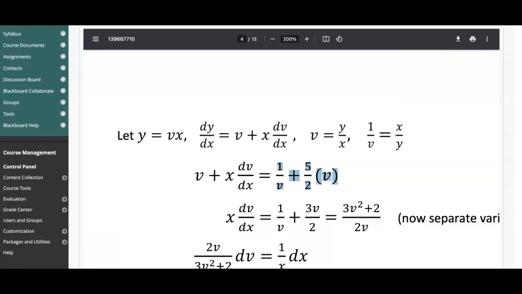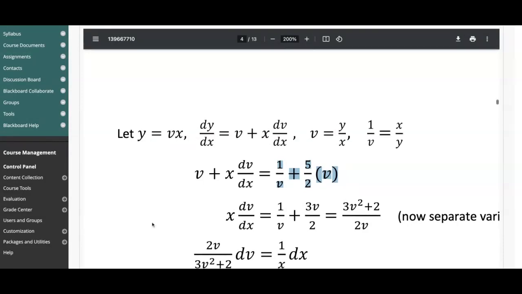I never had this problem before. I guess I'm going to have this problem now.